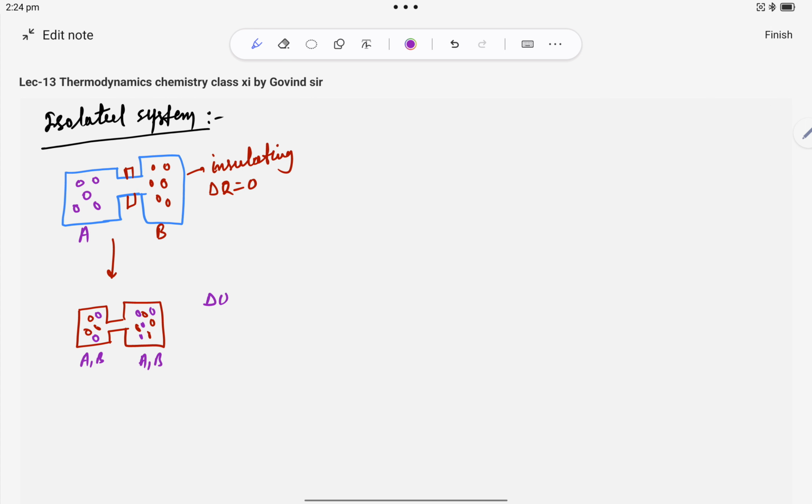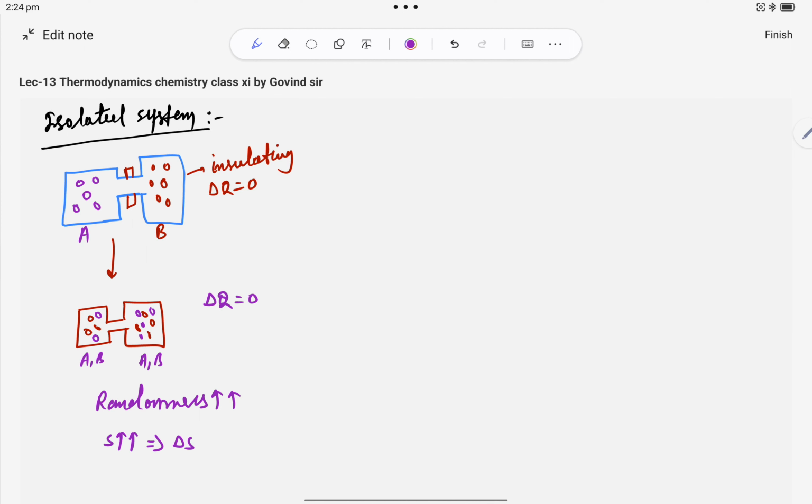Here delta Q is equal to 0 because it is insulating material. But entropy what? Randomness increases because of mixing of gas. So delta S value increases.